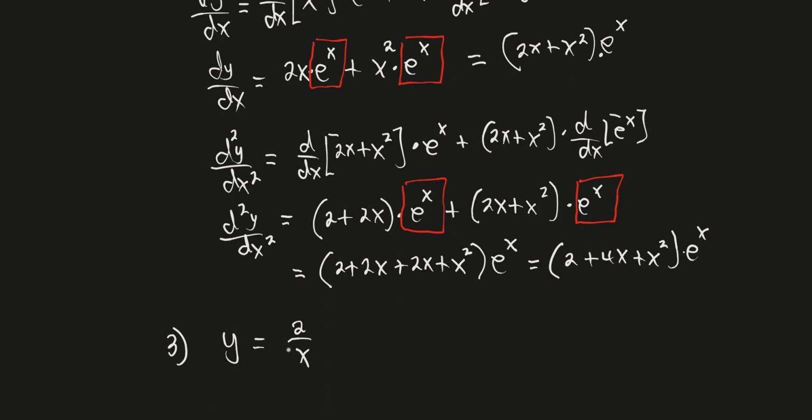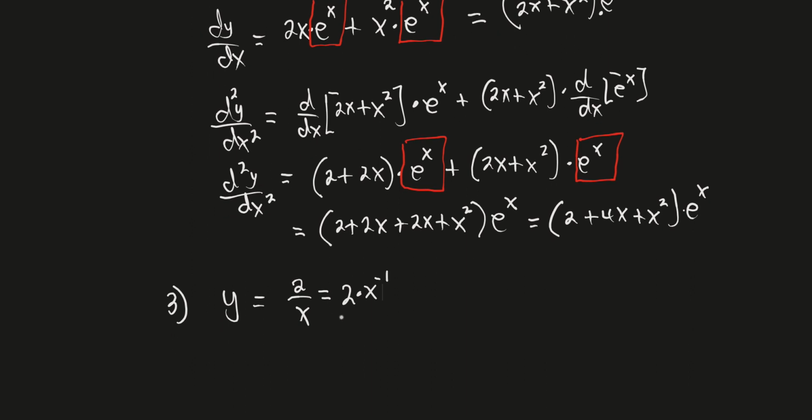The reason is, using my properties of exponents, I can write 2 over x as 2 times x to the negative 1. And this way, all I need is the power rule. Technically power and my constant multiple, but I'll keep this constant here and then apply my power rule to the x to the negative 1, and that will give us our first derivative.